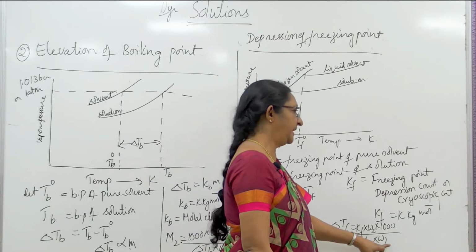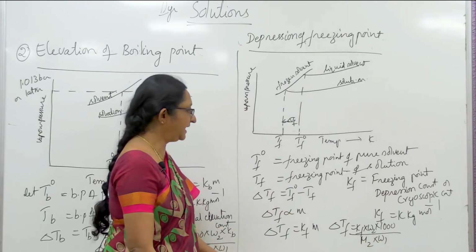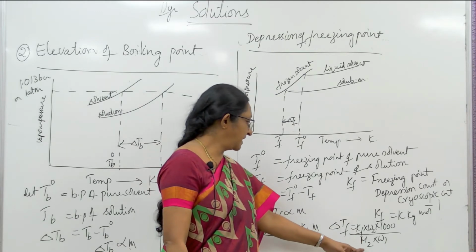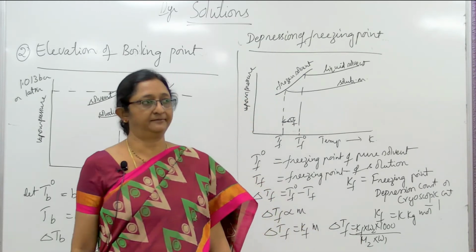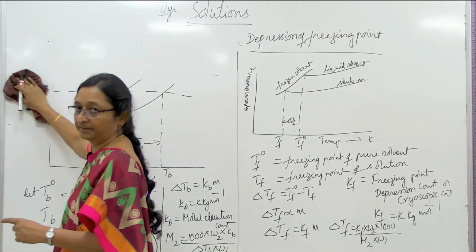The units are Kelvin kilogram per mole. So the depression of freezing point is equal to the freezing point depression constant into the weight of solute into 1000, divided by the molar mass of solute.